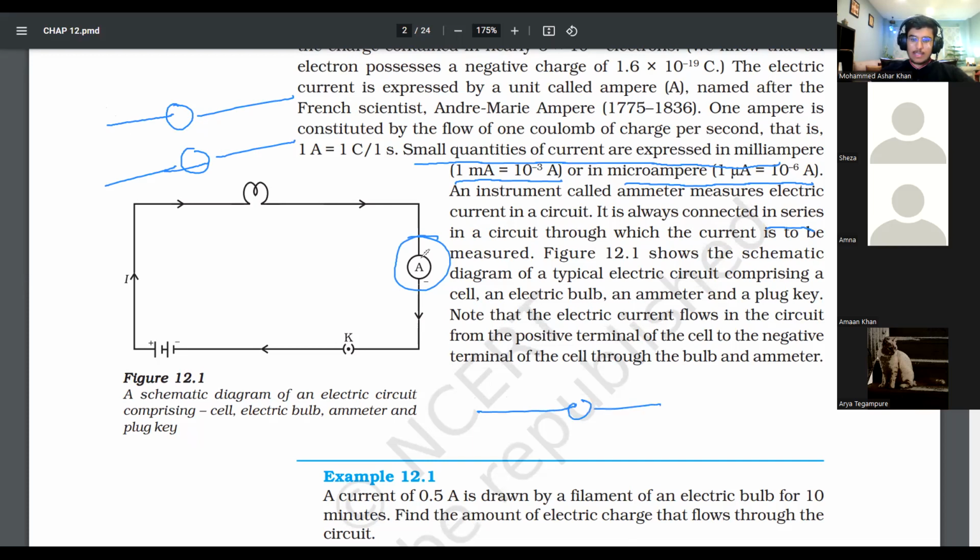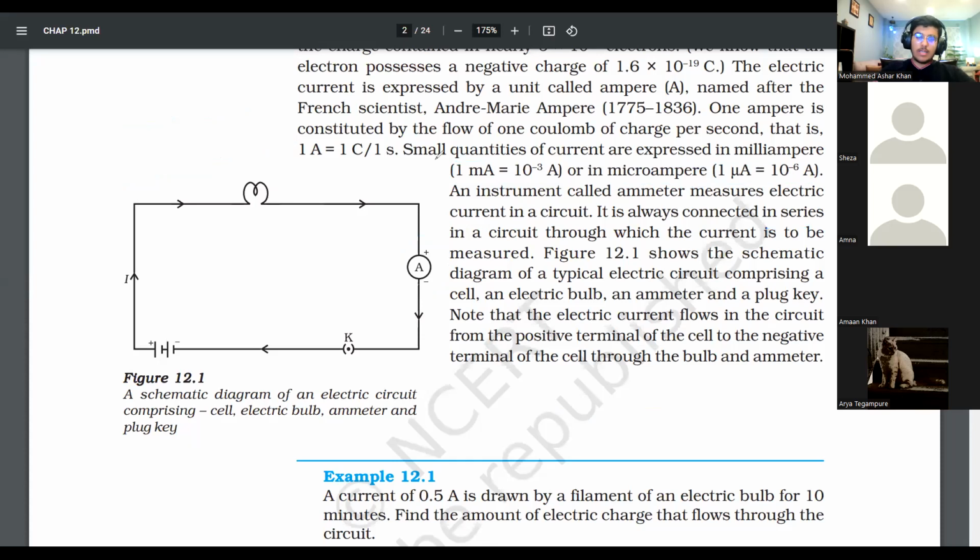So when they say in series, it means that it is connected inside the electric circuit. And we'll get to a voltmeter later, which is not connected inside the circuit and is actually connected outside in parallel.